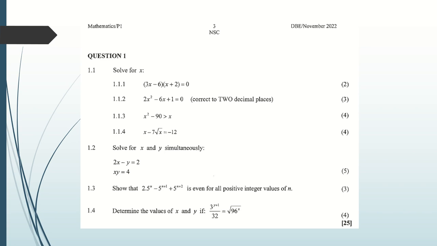And then of course there's 1.3, which is an exponential expression. Usually we are given an exponential equation, but here it's an expression. 1.4 is a special question. So let us look at each of these questions.